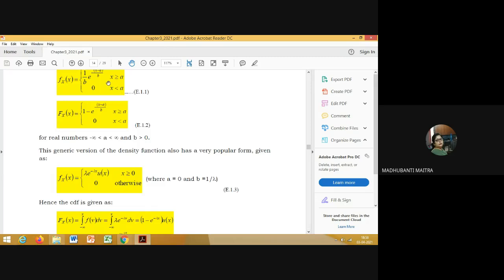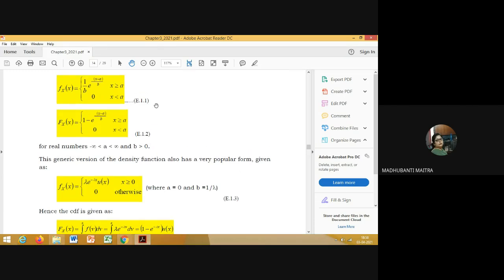Now, a very common, very popular form of exponential distribution is this one. fx is equal to lambda e to the power minus lambda x, as x is greater than or equal to 0. So if I compare these two expressions, these two equations, then it comes out that lambda is equal to 1 by b, and the value of a is equal to 0.